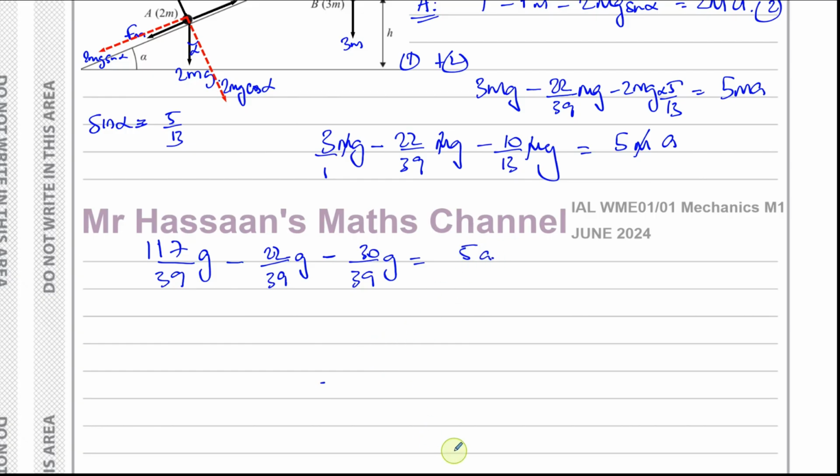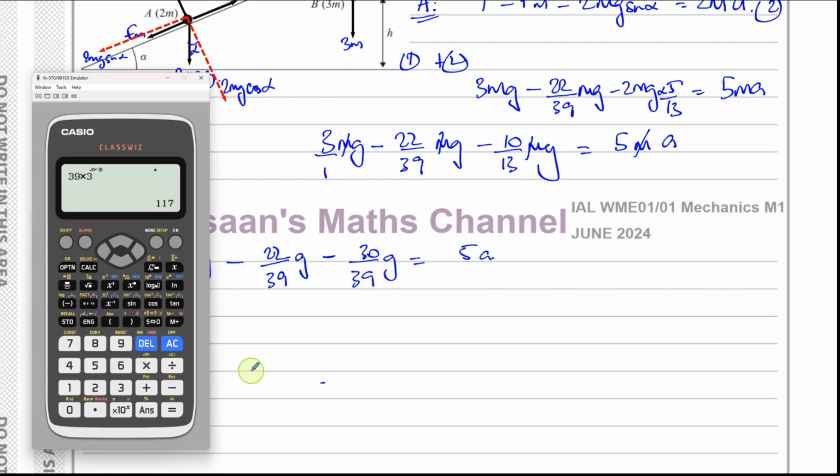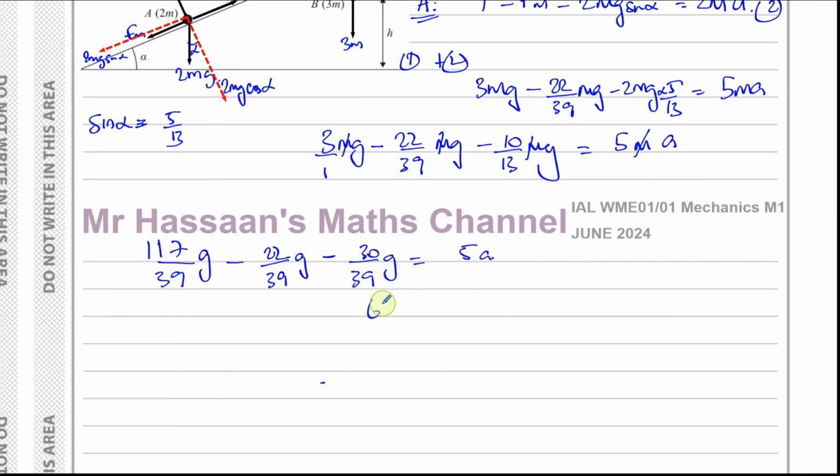So you have 117 minus 22 minus 30. That gives us 65 over 39 g equals 5a, and the 5 will cancel with the 65. 13 times 5 is 65.